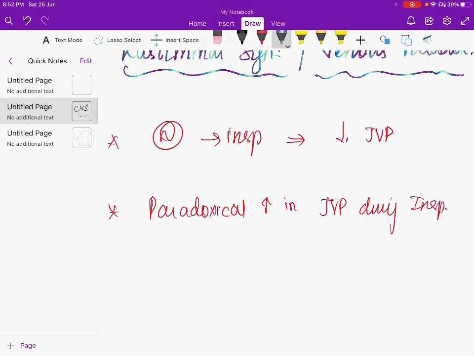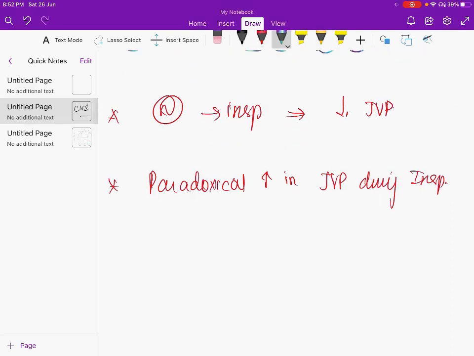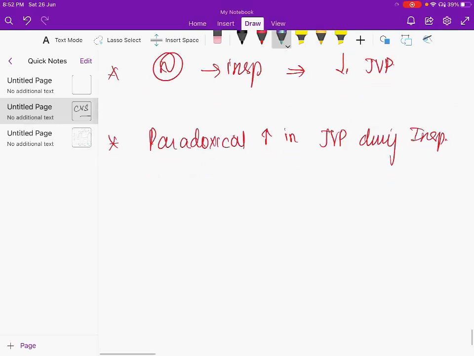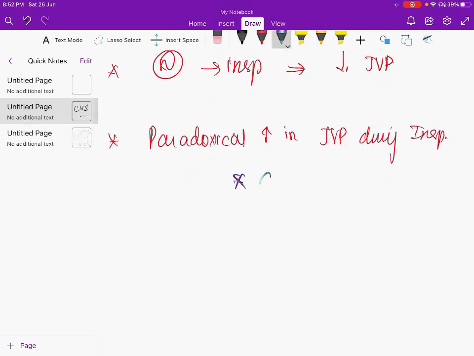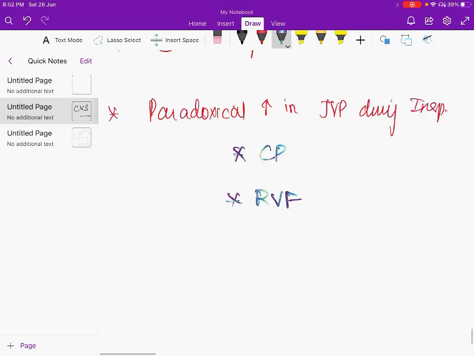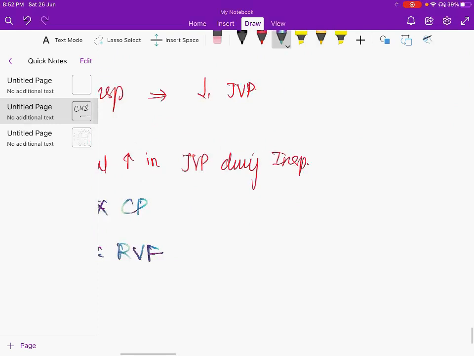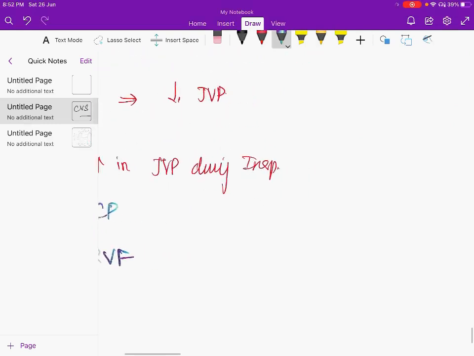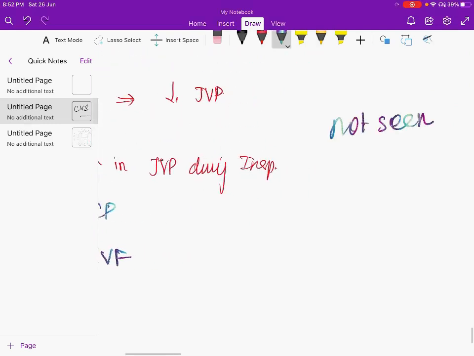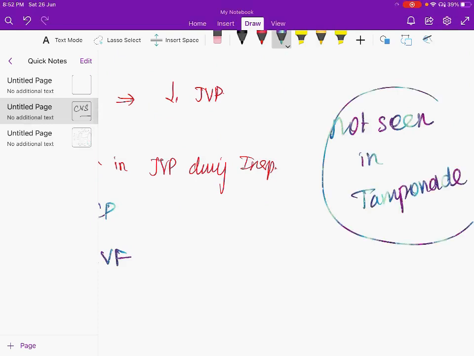Where is this Kussmaul sign seen? In constrictive pericarditis and right ventricular failure. One important point is that this is not seen in tamponade.